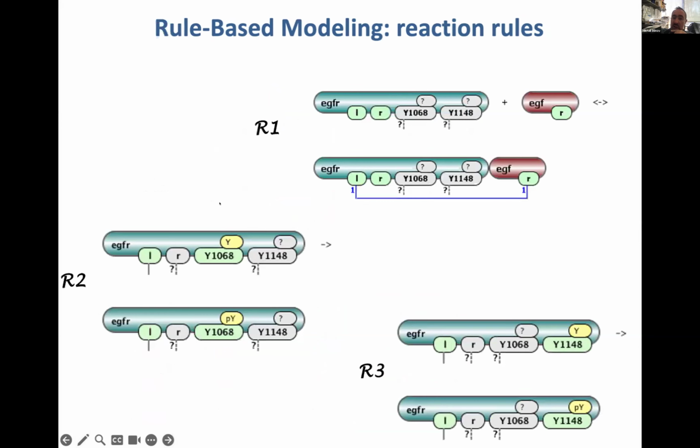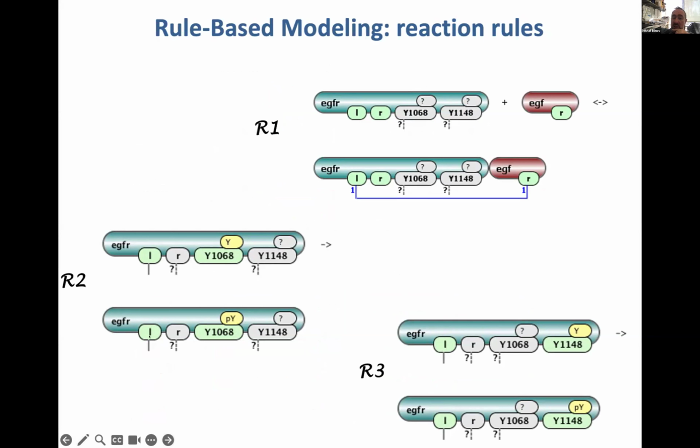So now with the concept of a reaction rule, there is a next concept, the generation of a network. So if you have three rules, say ligand binding to receptor monomer, and then two rules of phosphorylation of a receptor once ligand is bound.